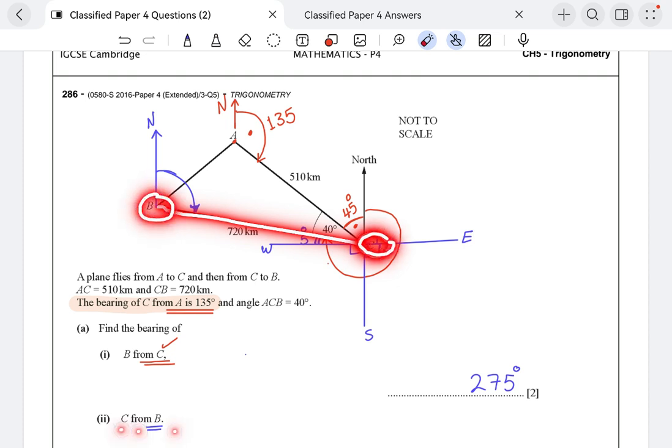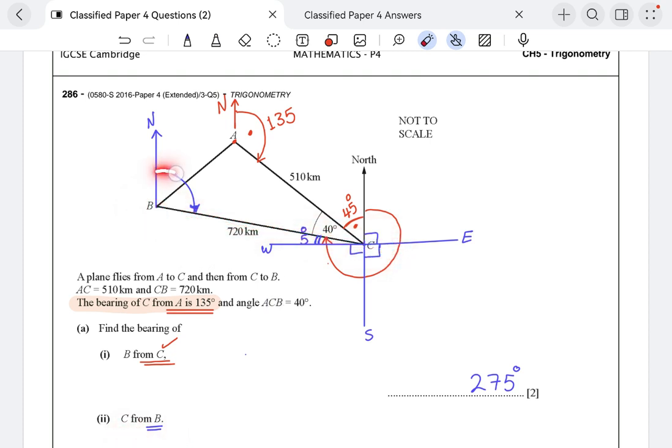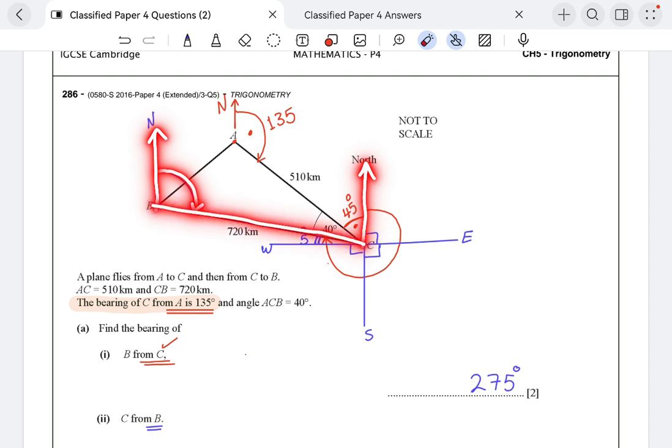You just need to know the value of this angle. Do you agree that this is a north direction and this one also is a north direction, and the line that joins them is the transversal? So these two angles between the parallel lines and the transversal are allied. They add together to 180.